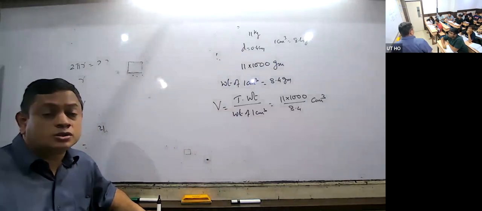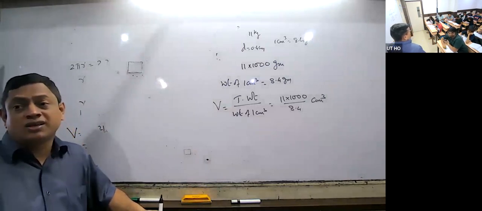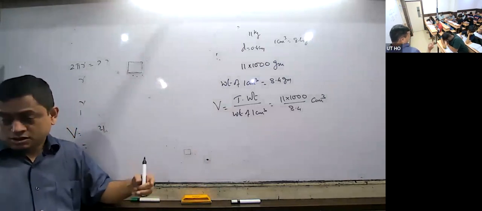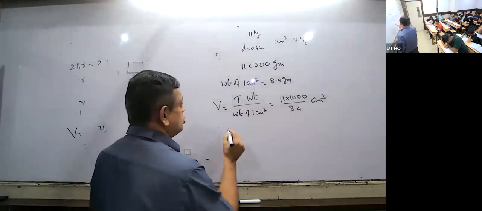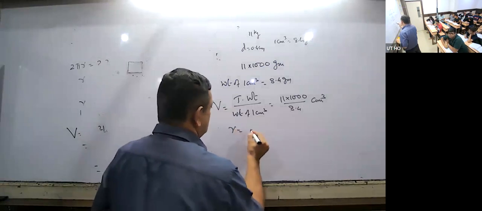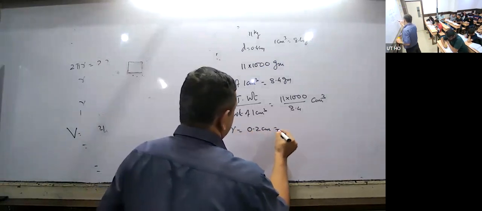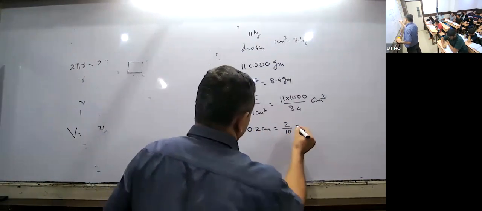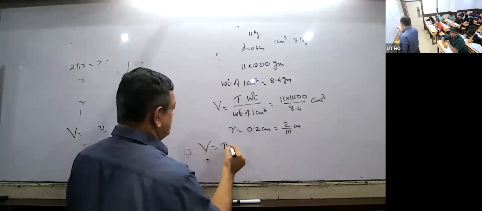What you have to find out? Length of the wire. You know what I mean by length of the wire? Its height. Okay. So radius is equal to, next is diameter is how much? 0.4. Therefore radius is equal to 0.2 centimeter, that is 2 by 10 centimeter. Formula: volume is equal to pi r square h.